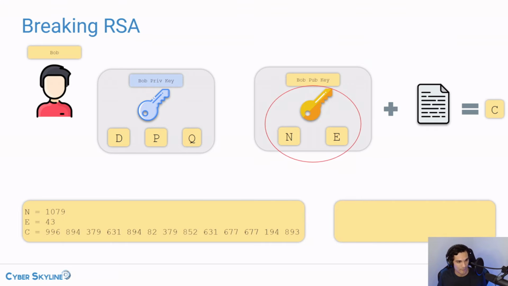So right now, when the message is sent publicly, we've got N and E. All right.